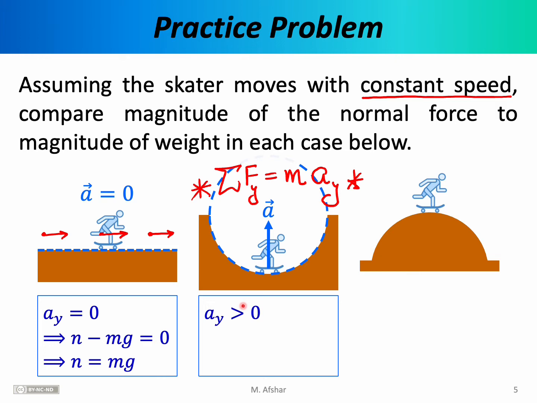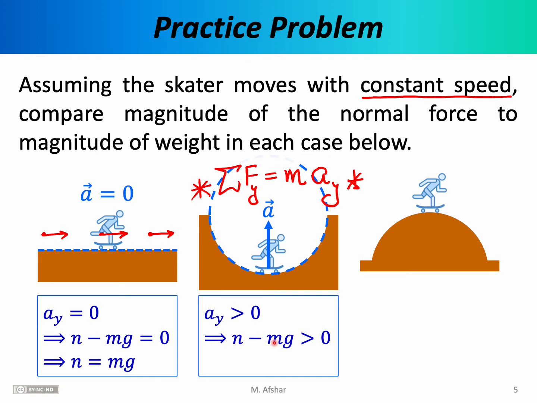According to Mr. Newton and his second law, the sum of the forces must equal mass times acceleration. The sum of the forces, as before, is the normal force plus negative mg, and all of that must equal mass times acceleration. I don't exactly know what acceleration is here, but I know it's a positive number, so this whole thing must be greater than 0.